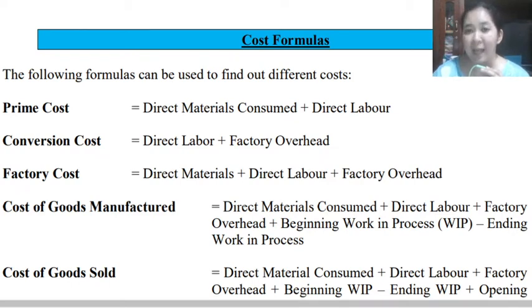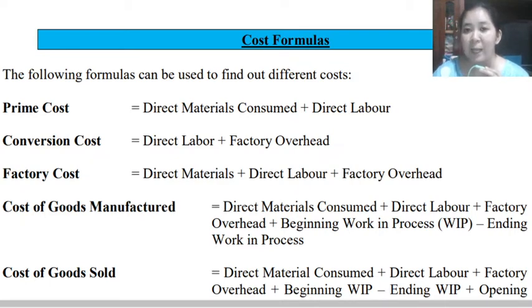So why do we add the beginning and deduct the ending work in process? The reason for this is to determine the amount of work in process inventory processed during the period, because your beginning work in process might have already, some or all of it, during the present accounting period, been finished and transferred to the finished inventory.